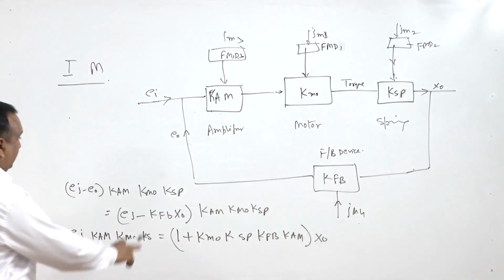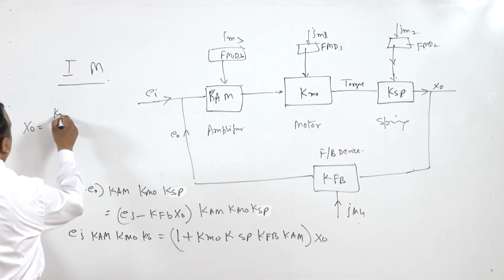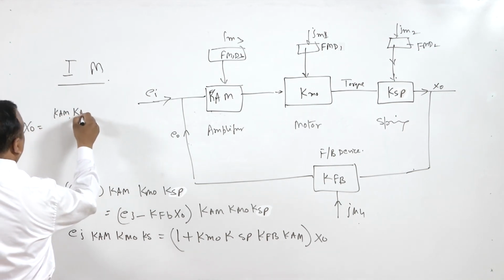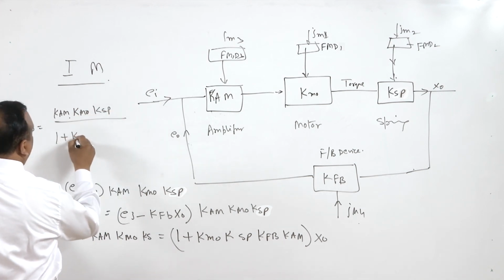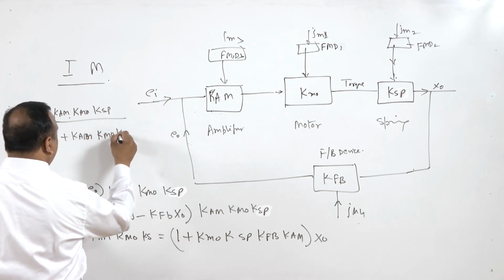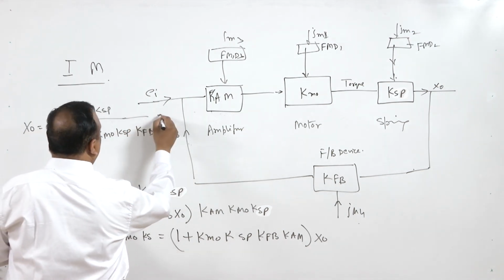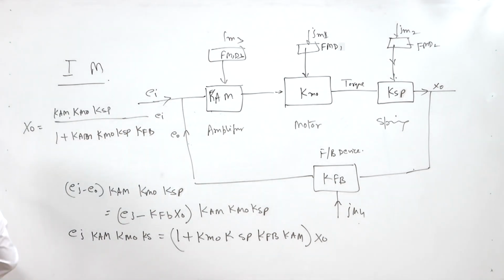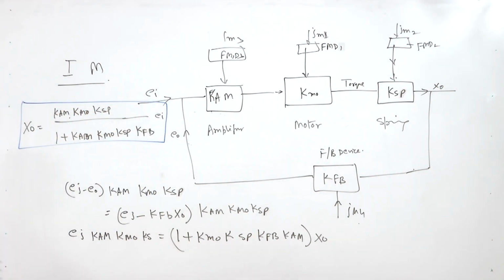Right? Now if we further simplify this, we will be getting XO is equal to KAM KMO KSP divided by 1 plus KAM KMO KSP KFB into EI. If you rearrange this equation, you will be getting this equation.